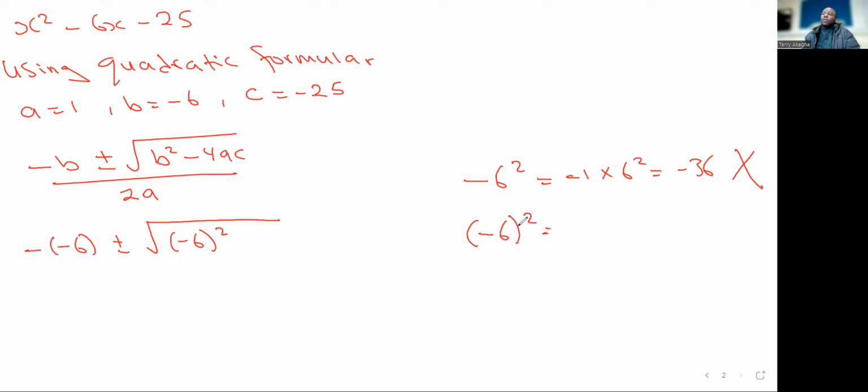The calculator will understand that the squared is affecting everything, including the minus. But if you just put it without the brackets, the calculator will assume the squared is only for the 6. If you put it like this, you're going to have minus 6 times minus 6, and this is going to give you what? 36. So please take note when you want to be putting this in your calculator.